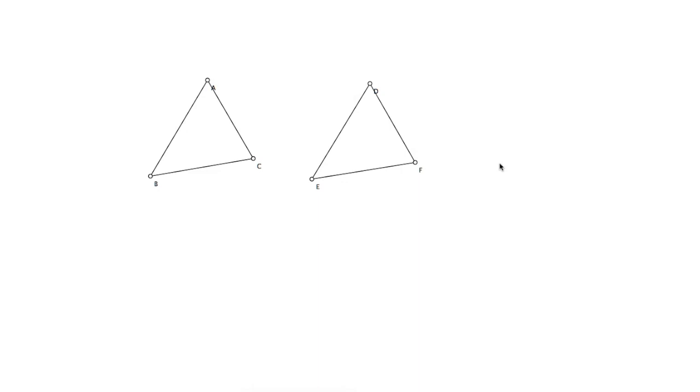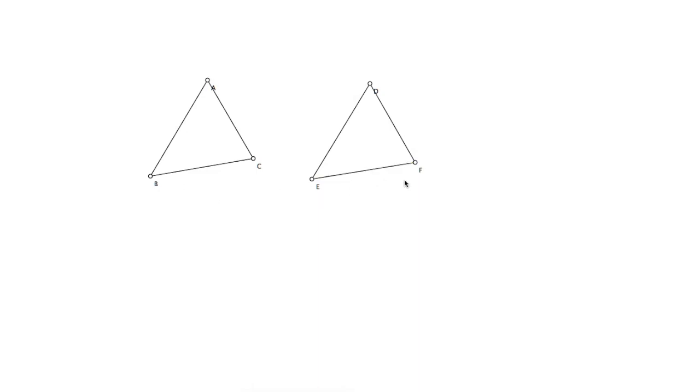For if the triangle be applied to the triangle DEF, and if the point B be placed on the point E, and the straight line BC, so there's the base BC, on EF, the point C will also coincide with F because BC is equal to EF.